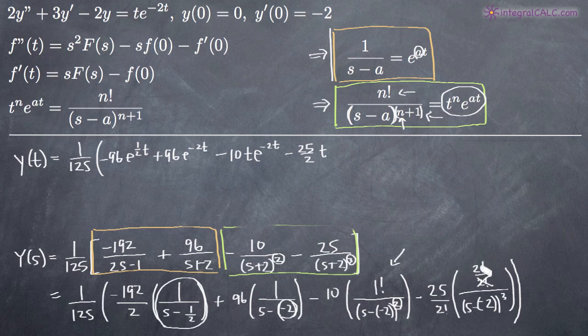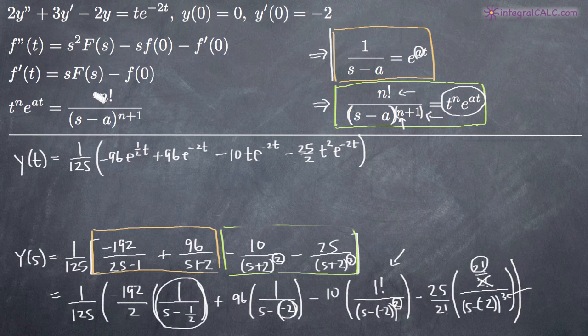Well, we know that n is equal to 2 because we have 2 factorial in the numerator, and because our exponent here in the denominator is equal to 3, and we know that n plus 1 has to equal 3, which means n has to equal 2. So we have t squared and then e to the at, where we know a to be negative 2. So we have e to the negative 2t. And that's it. That's our final answer.